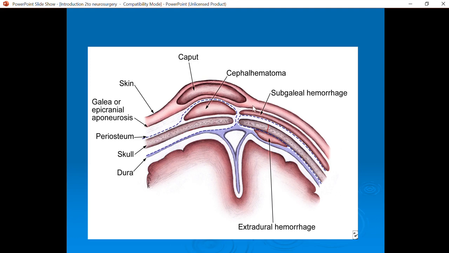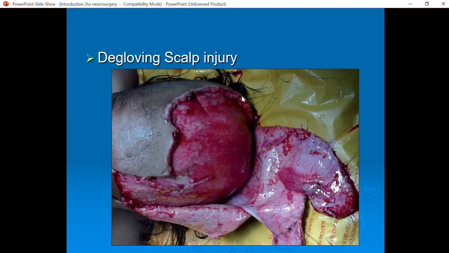This slide just shows you the different layers of the scalp and differentiates the cephalohematoma, which is below the dotted line, the periosteum here, while the subgaleal hematoma is above the periosteum and does cross the suture line. The fourth type of scalp injury is degloving scalp injury.